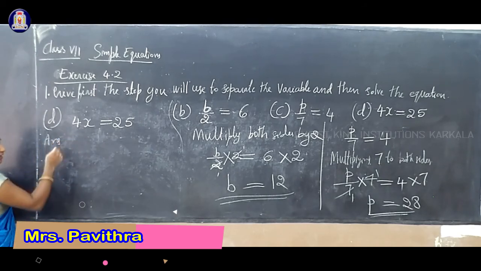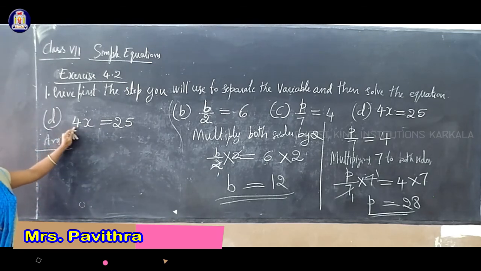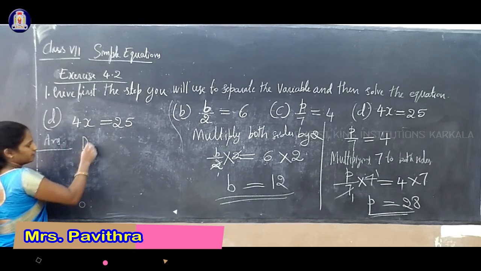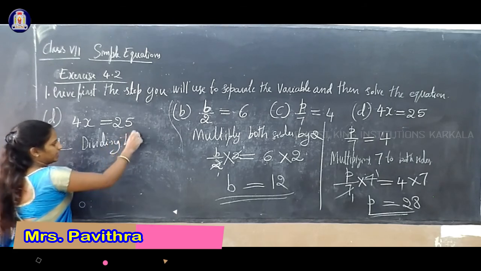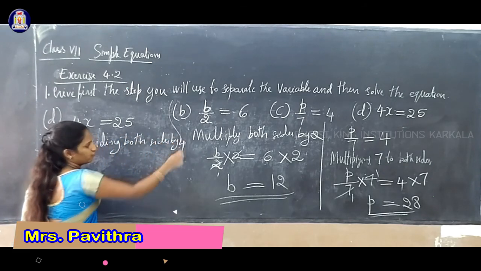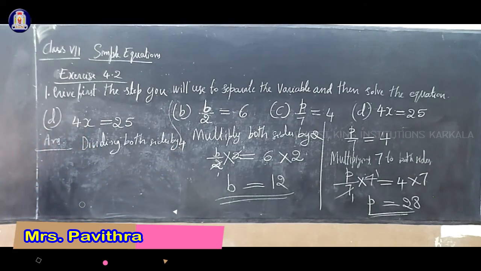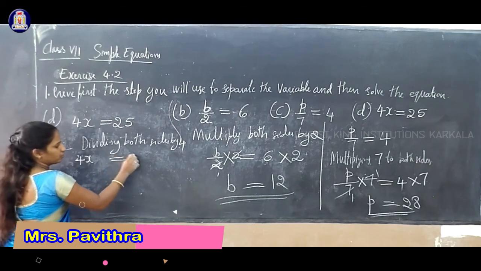This is multiplied, right? To remove this 4, we have to divide by the same number. So dividing both the sides by 4, we get 4x is equal to 25.